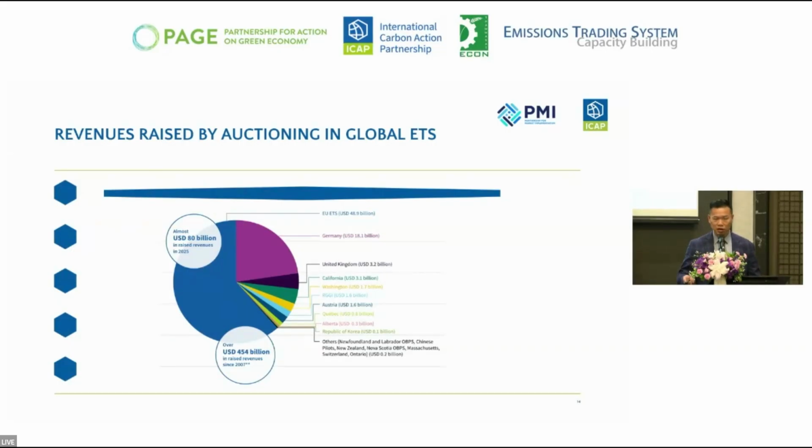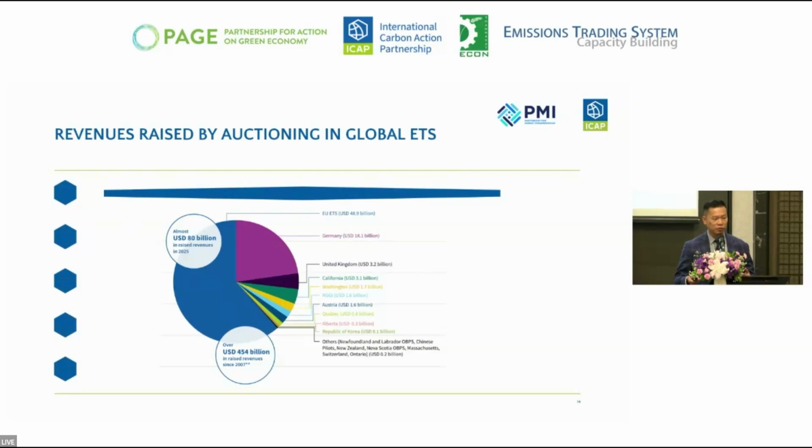So these carbon markets raise a lot of revenue from auctioning, and that means the covered entities in these ETS actually pay that amount of money.